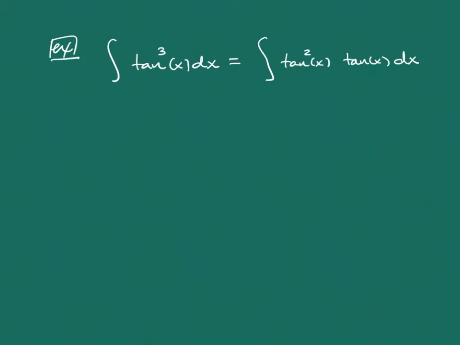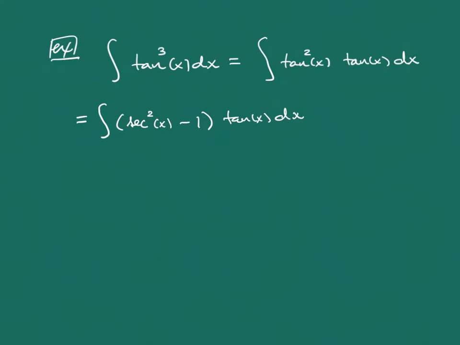With that even power, we can still go forward and make our substitution with our tangent, so that our tangent squared just becomes secant squared minus 1, and then we've got a tangent of x dx.